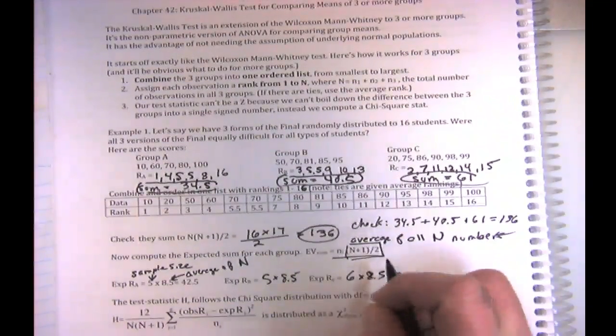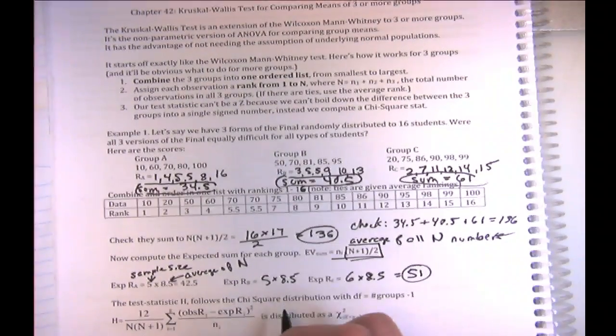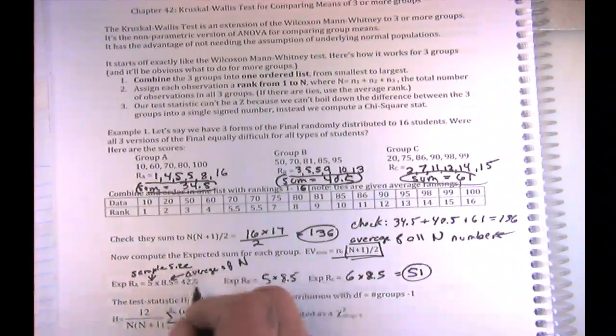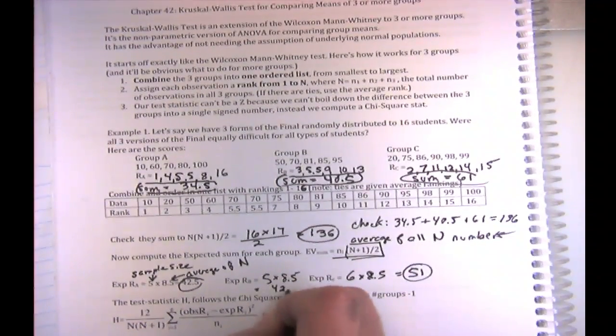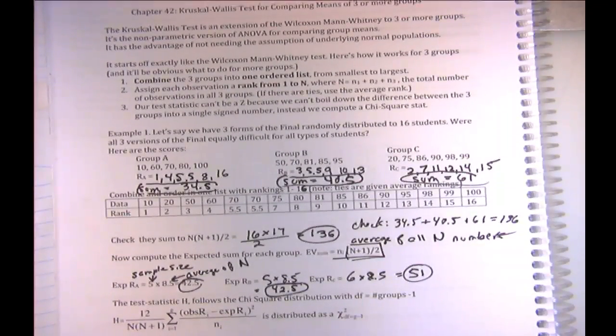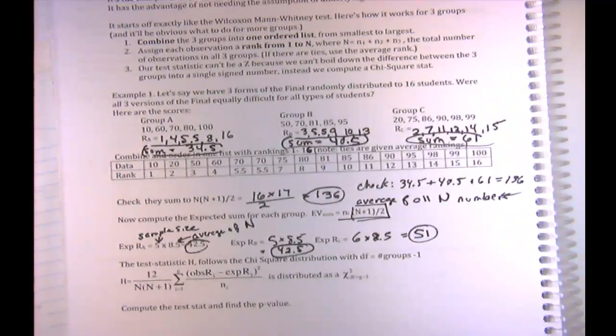So 6 times 8.5 is 51, and 5 times 8.5 is 42.5, and this is equal to 42.5 as well. So those are our expected values.